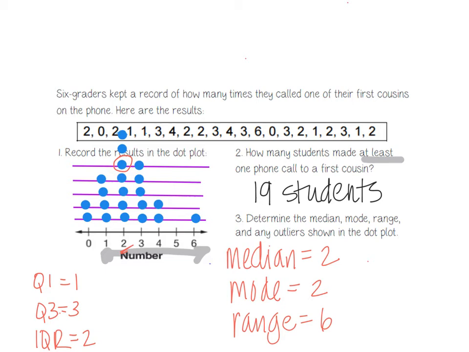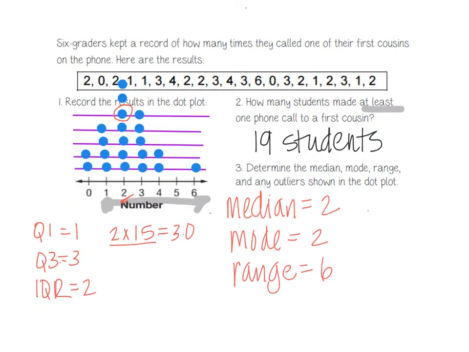So to find the outliers, we have to take that IQR and multiply it by 1.5. So 2 times 1.5 equals 3.0. So from Q1, we're going to subtract. We have 1.